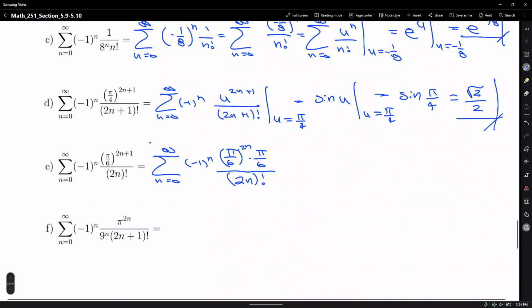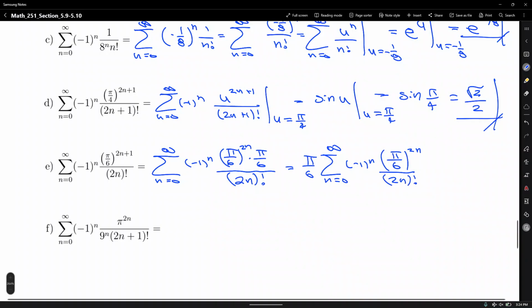That pi over 6, take it out of the sigma notation. That's just a multiple constant, all right? Sigma n equals 0 to infinity, negative 1 to the n, pi over 6 to the 2n over 2n quantity factorial. And at this point, we are ready to come up with the actual function, aren't we?